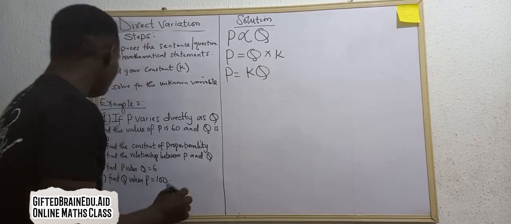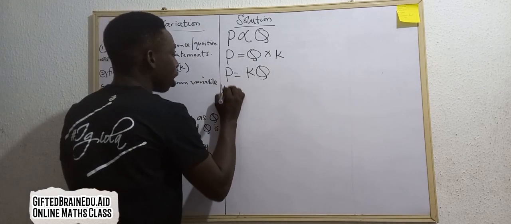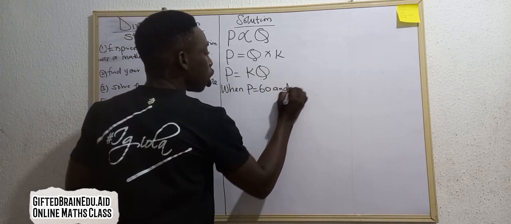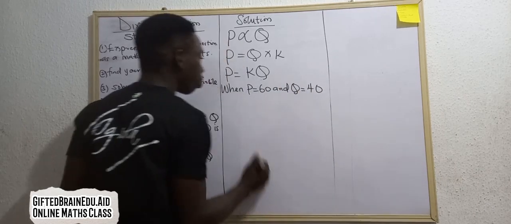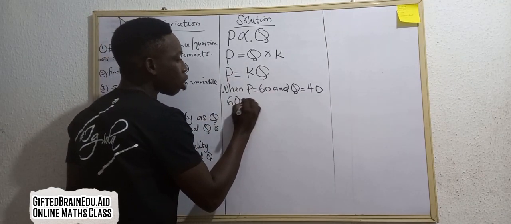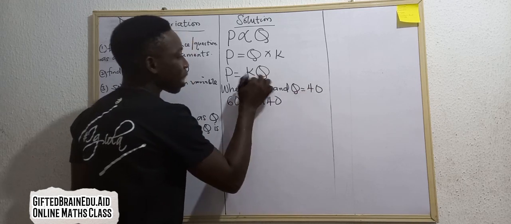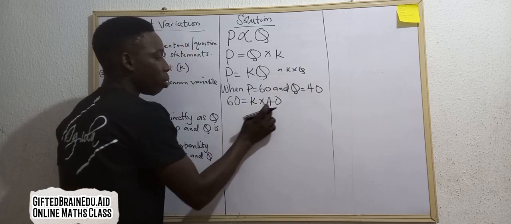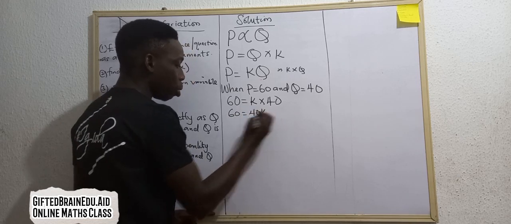From here, we were given the value of P, which is 60. So we say that when P equals 60 and Q equals 40, according to our question, anywhere we see P, we put 60. So here will be 60 equals K times 40, because KQ in mathematics simply means K times Q. Now we have 60 equals 40K.